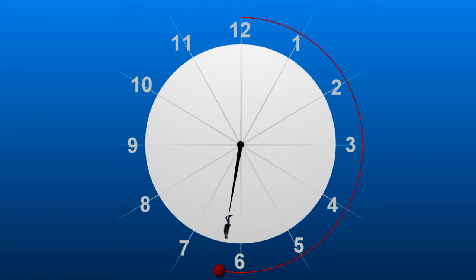Speed, distance, and time are constant in a circle. There's no issues. But if that path is an ellipse, there are issues.